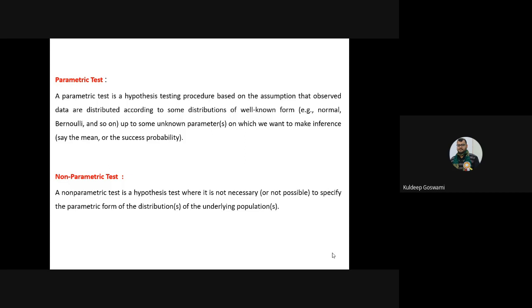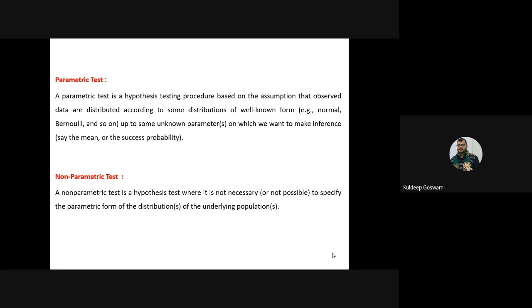Like your data should be drawn from a population whose distribution is normal. This kind of assumption is not needed in case of non-parametric testing procedures.